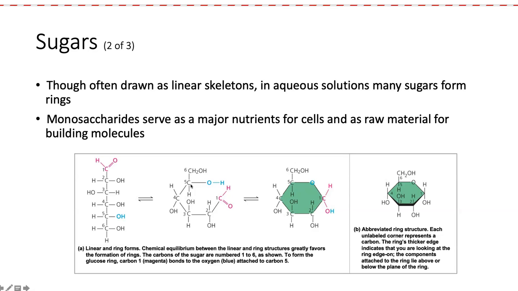Oh, and let me just back up a second and say that we number our carbons based on whichever one is closest to that C double bond O group. So here we go. That's the 1st carbon. And then counting around in the circle this way, or counting down the line this way.